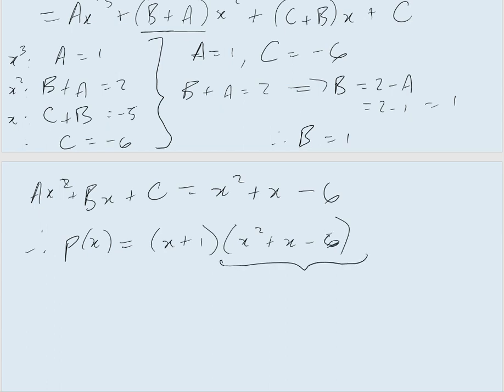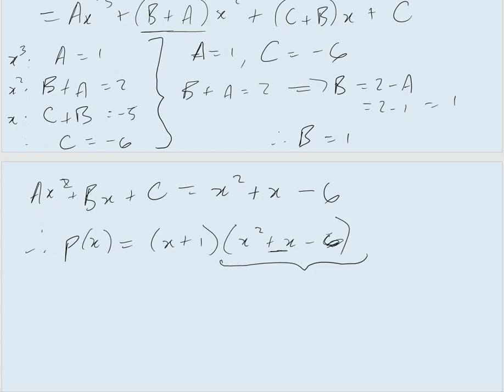Now this one happens to be reasonable. We don't have to use the quadratic formula. We see that this is a negative 6, and our middle term is a positive 1x. So we need our factors of negative 6.